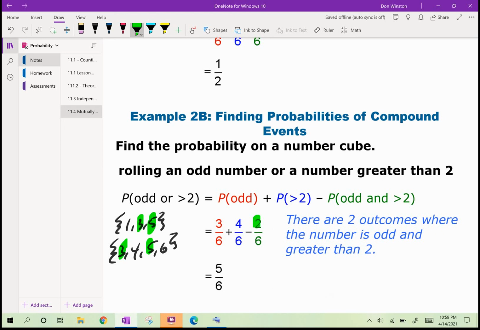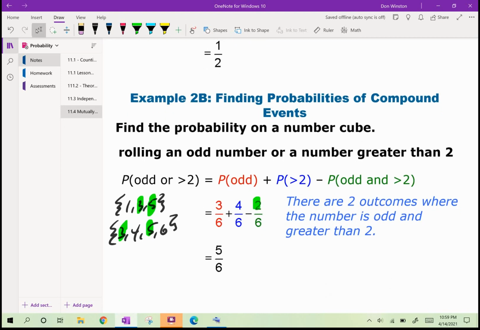Otherwise, you'd be double counting. And that would make sense. I mean, if you didn't subtract off 2/6, 3/6 plus 4/6 would be 7/6. And that probability would be greater than 1. Well, that wouldn't make sense. Remember, probability goes from 0, including 0, to 1.